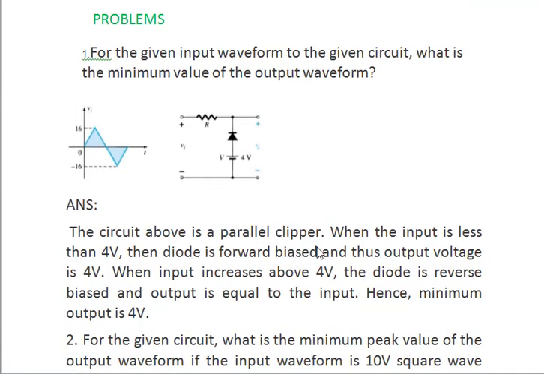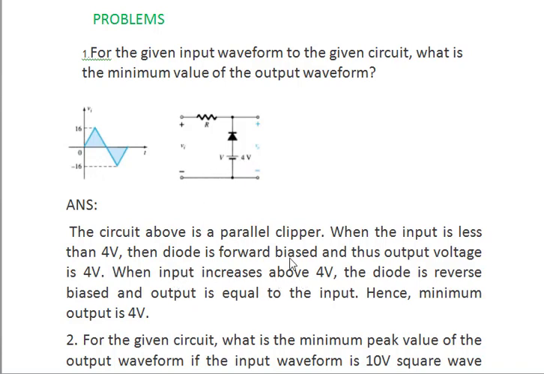The circuit is a parallel clipper. When the input is less than 4 volts, the diode is forward biased, and thus the output voltage is also 4 volts. Why? Because the 4 volt battery is connected here.